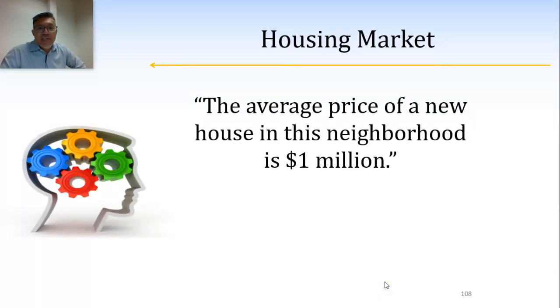If I said to you the average price of a new house in this neighborhood is $1 million, that sounds relatively high. Maybe not so high where we live in Silicon Valley, but just about anywhere else in the country, that seems pretty high. So maybe if your agent says this, you don't even look at that neighborhood anymore. Wow, on average, it's $1 million. I can't afford a $1 million home, so I won't even look at that neighborhood.